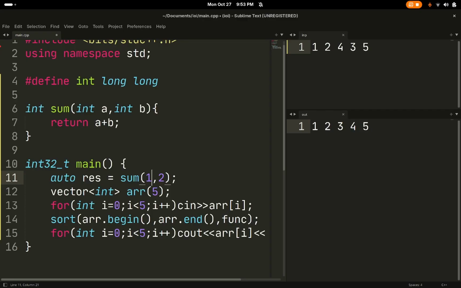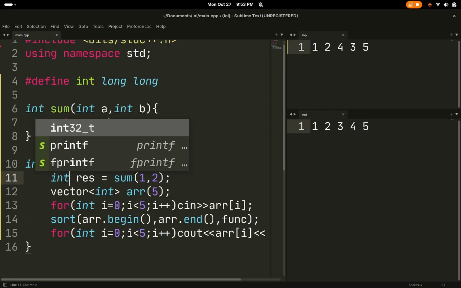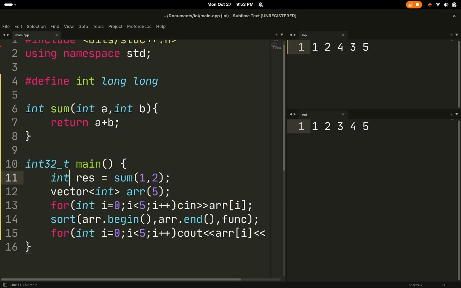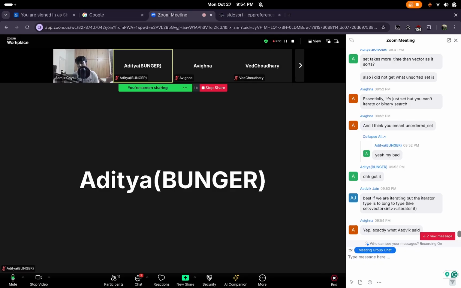So here, now I can obviously put an integer here because result should be an integer because the function is returning an integer. But sometimes the data type can be very long, or maybe you just don't want to write it down because it's simpler to just use auto. Just let the compiler guess. It's pretty simple and it just works. I hope everyone gets what that means.